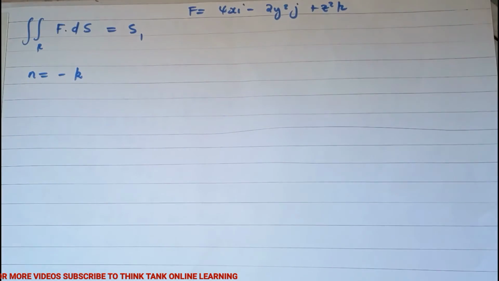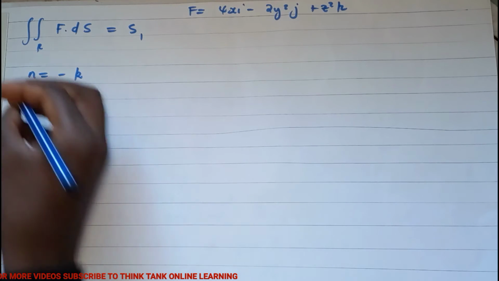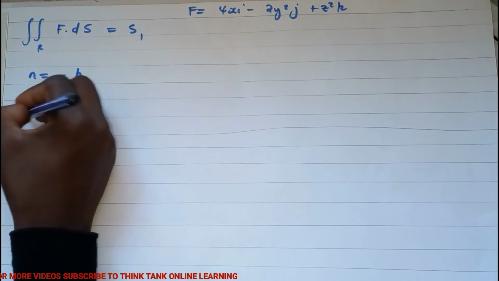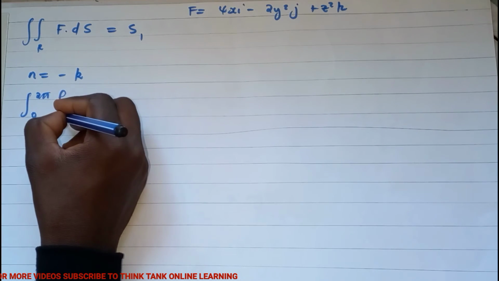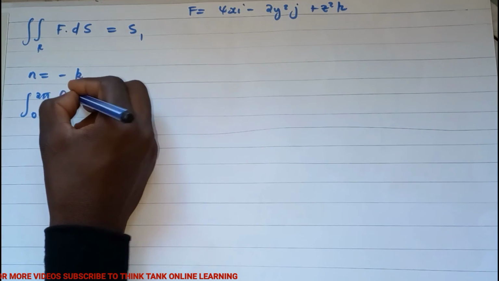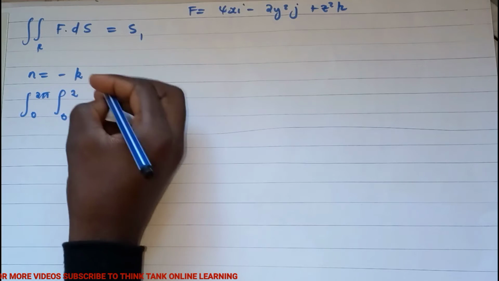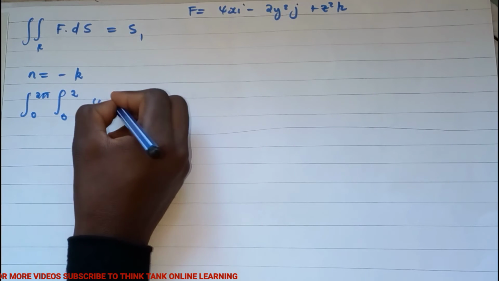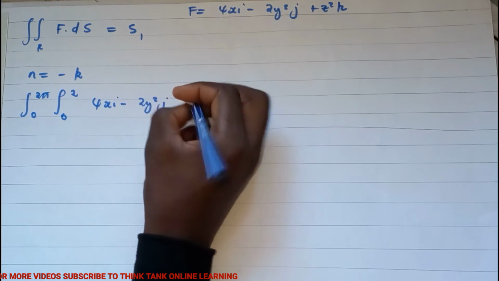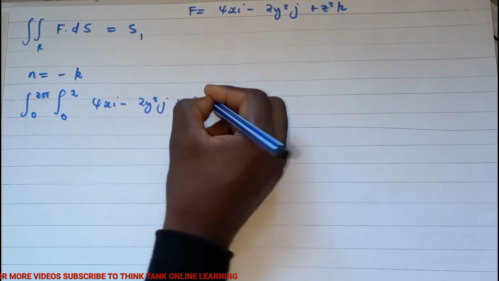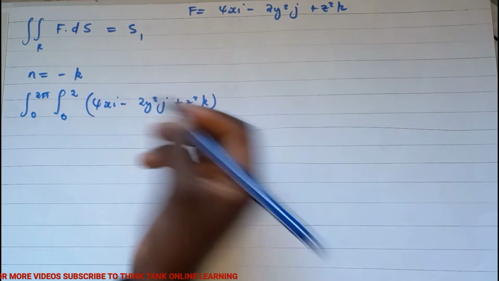Now I'm going to put my limits. Double integral, 0 to 2 pi for the angle, for the radius 0 to 2, then this vector 4x i minus 2y squared j plus z squared k times the normal.